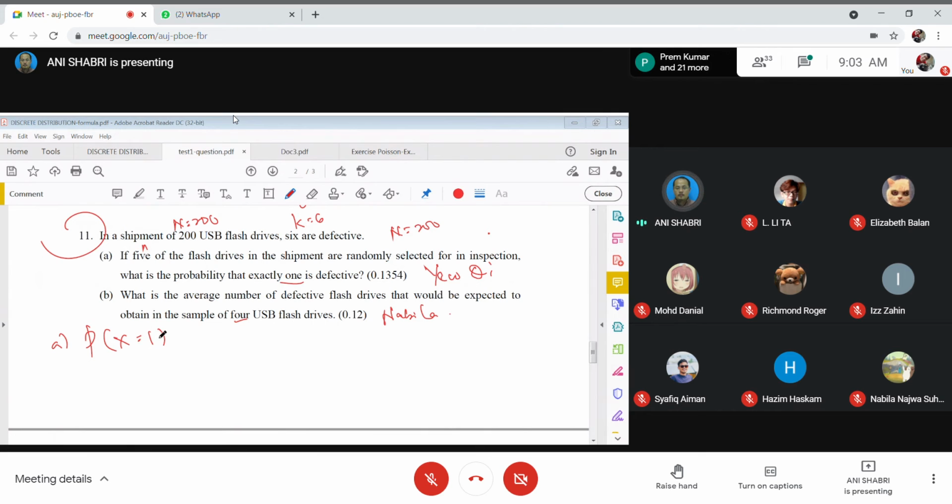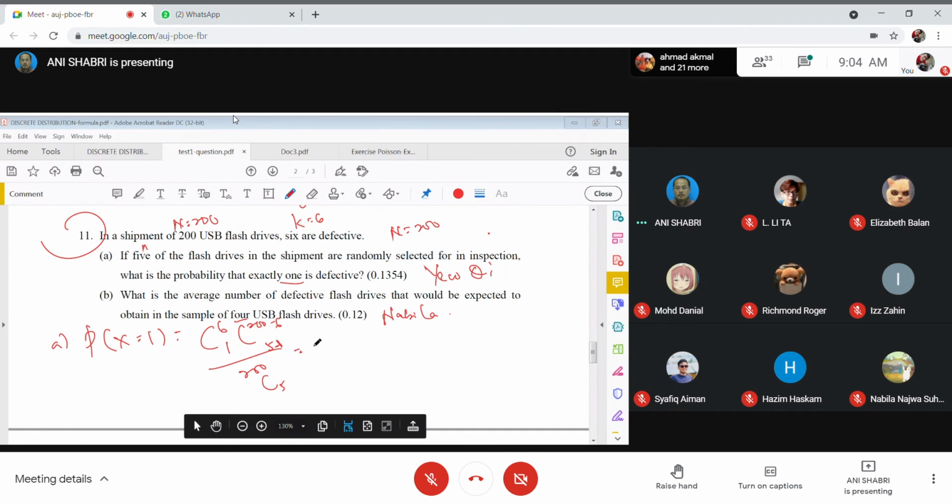We can just use the formula. It is equal to 0.13.